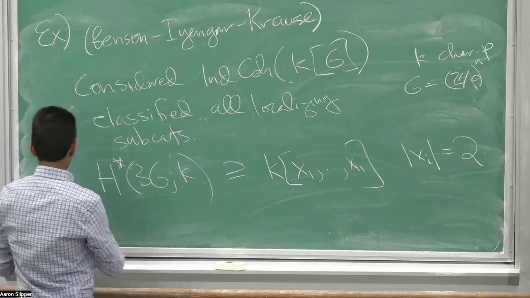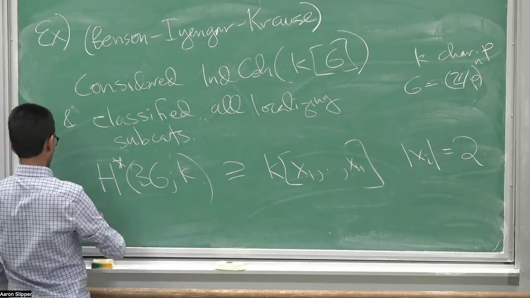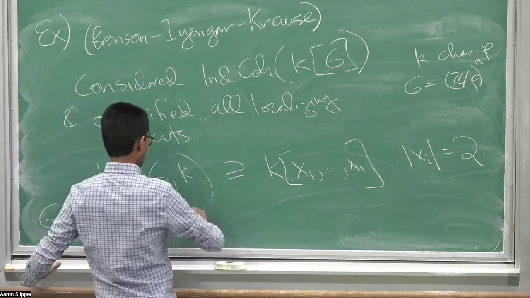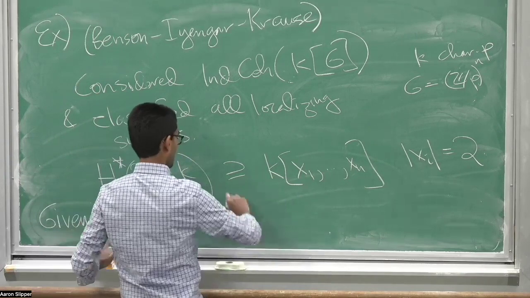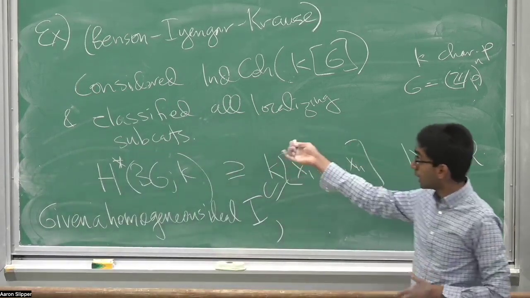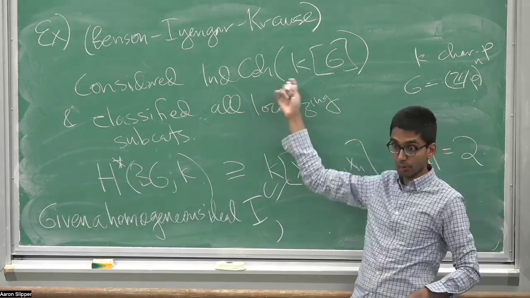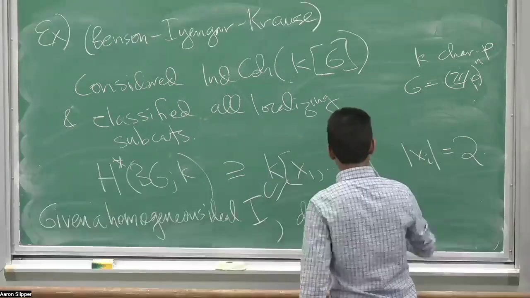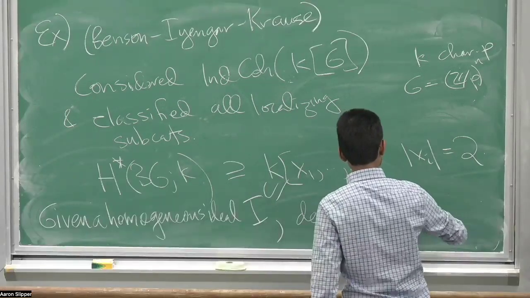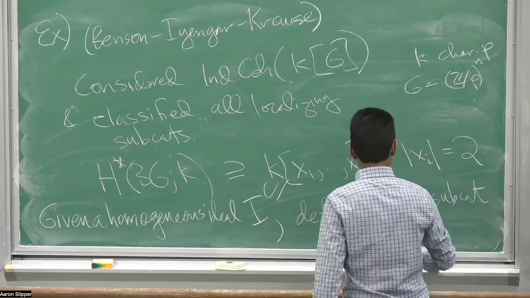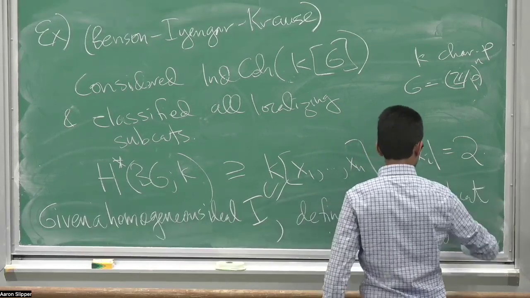So given a homogeneous ideal I in this ring, you can define a localizing subcategory of ind-co. So then you define a localizing subcategory of ind-co.